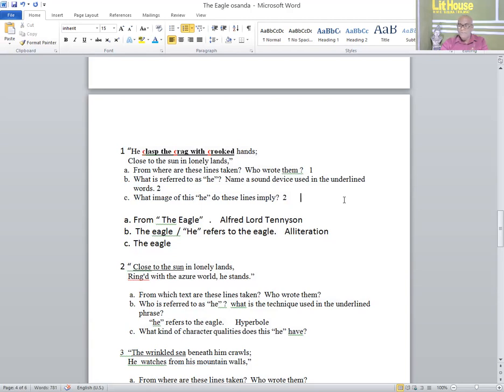Next week, we are going to discuss how we answer questions in the examination paper, test paper. That is the first and foremost practical aspect of this literature subject.